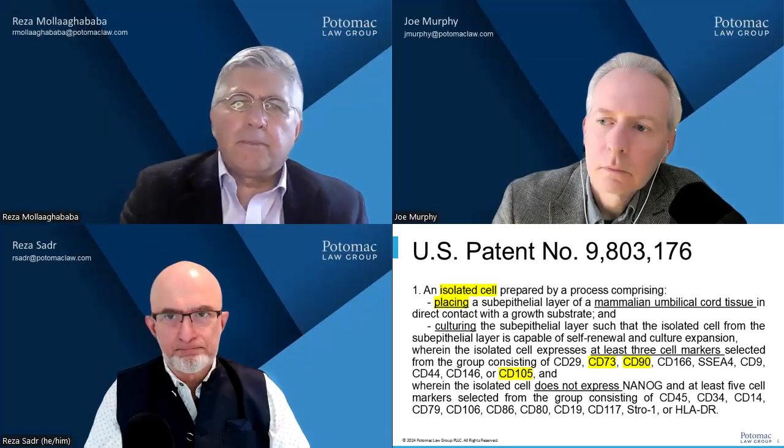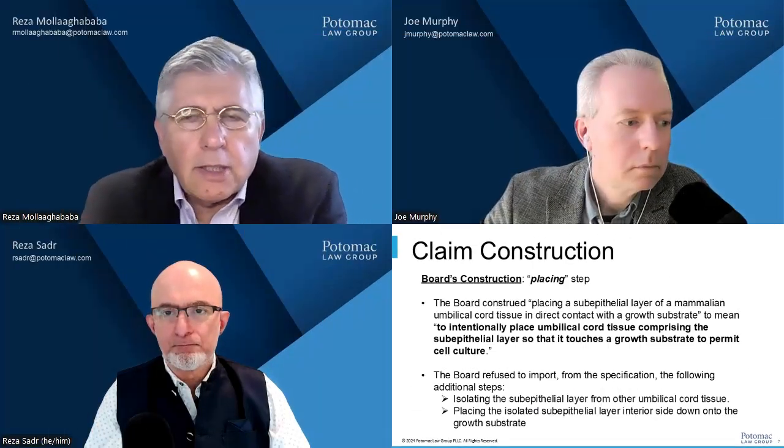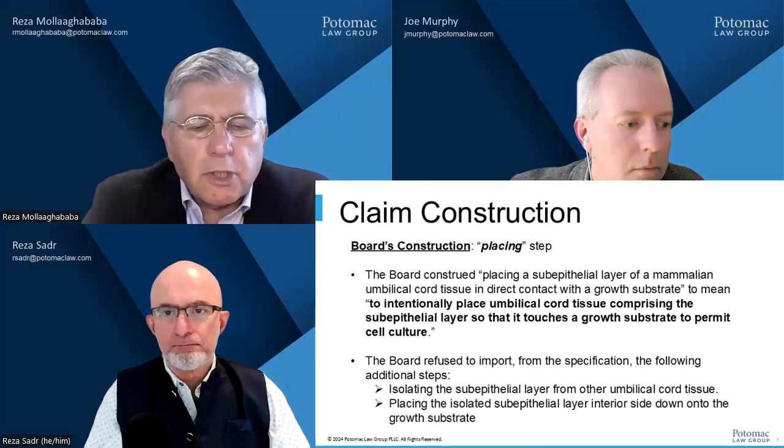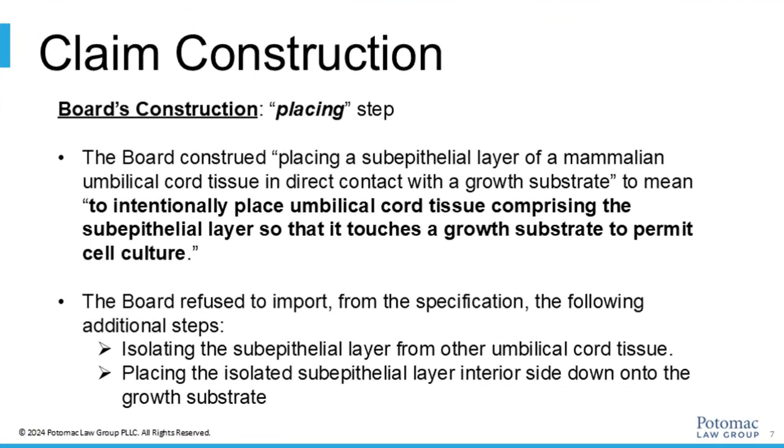Thanks, Joe. So there were a few terms that were construed during this process of the challenge to this patent. One of them was the term placing. As Joe mentioned, one of the steps of the claim says placing a subepithelial layer of a mammalian umbilical cord tissue in direct contact with the growth substrate.